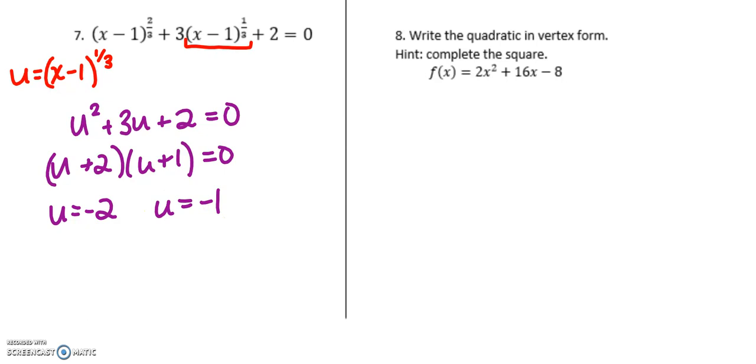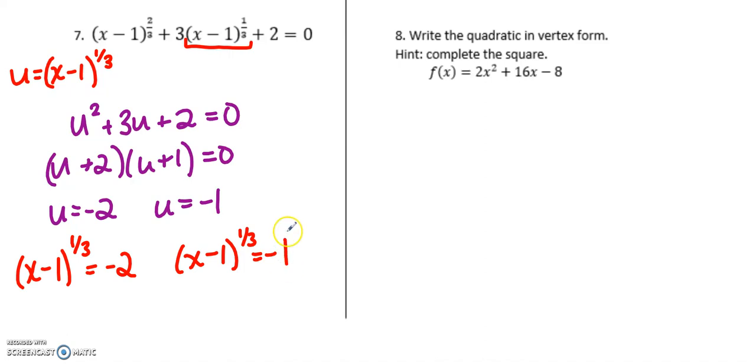But I wasn't looking for u, I was looking for x. So I'm going to go back and I'm going to sub in what I know. And now undoing the 1/3 power, I'm going to raise that whole thing to the 3/1. So this becomes to the 3/1.